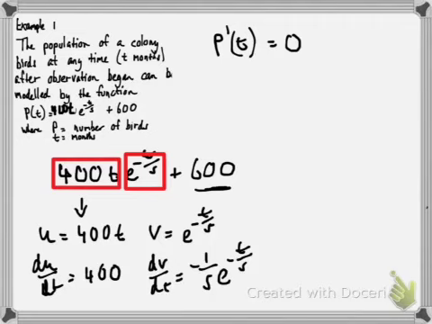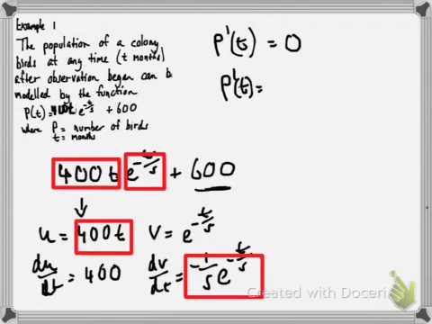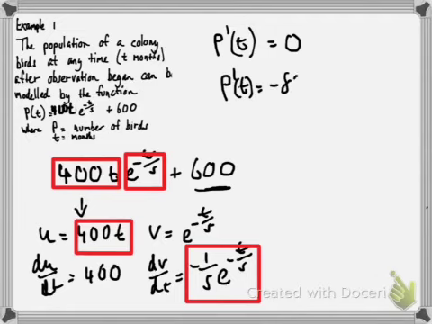So our derivative, our p dash t, let's go back up here, it's going to equal, first of all, we've got to multiply 400t by that, let's go a bit bigger, that guy there. So 400t times negative a fifth, that's going to be negative 80t, so negative 80t e to the power of neg t on 5.